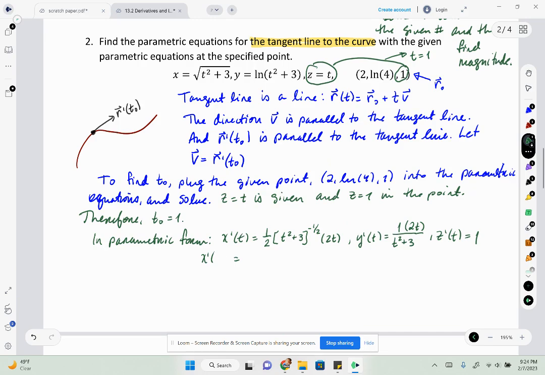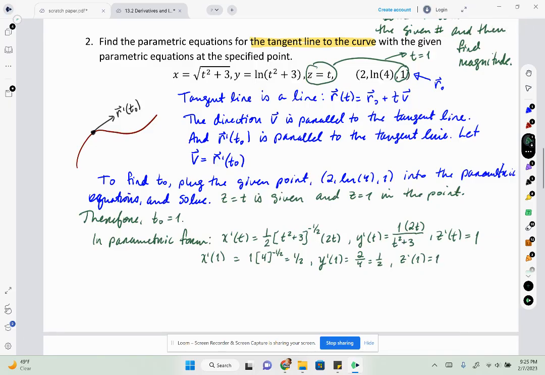Instead of t naught, we're going to write it as x prime of 1 is equal to 1 times 1 squared plus 3, that'll be 4 to the negative 1/2. That's going to give me a 1/2. Y prime of 1 is equal to, I get a 2 in the numerator and a 4 in the denominator. That is 1/2. And z prime of 1 is equal to 1.